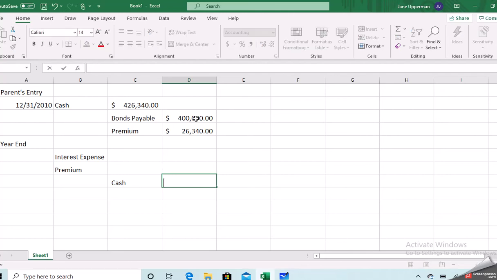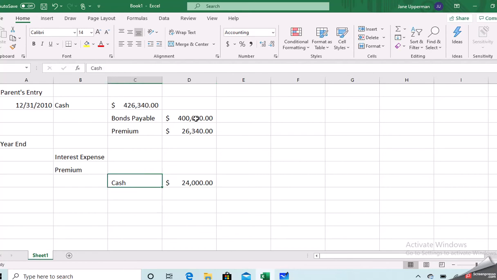So if we take 400,000 times 0.06, that gives us $24,000, and they'll always pay that in cash. The premium amortization, you could really take this 26,340 and divide it by the 5 years, but they already tell us what it is.